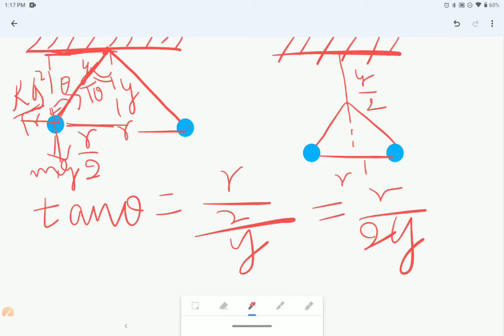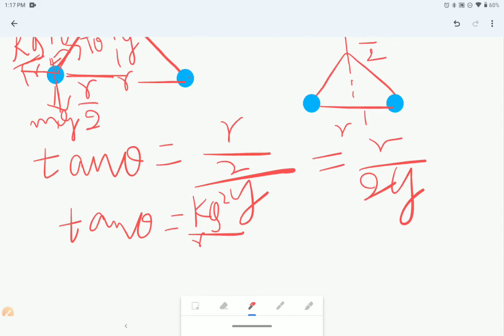So tan theta results in kq square upon r square mg.